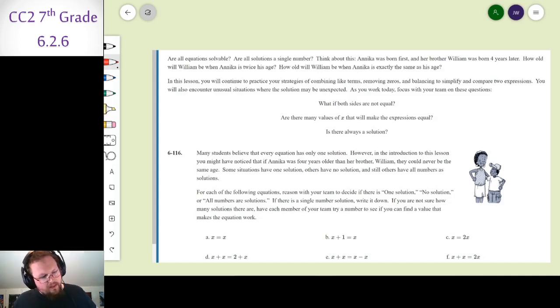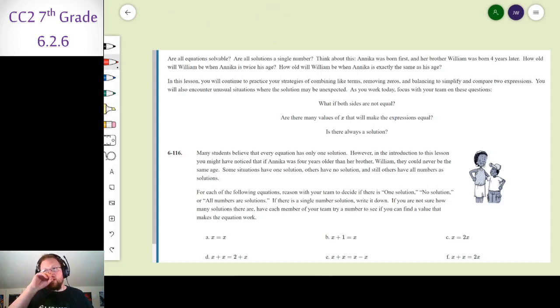In the first example, Anika's age is William's age plus 4. In the other one, we were asking when will they equal each other, and it's never going to be equal, so you could not tell me that age.